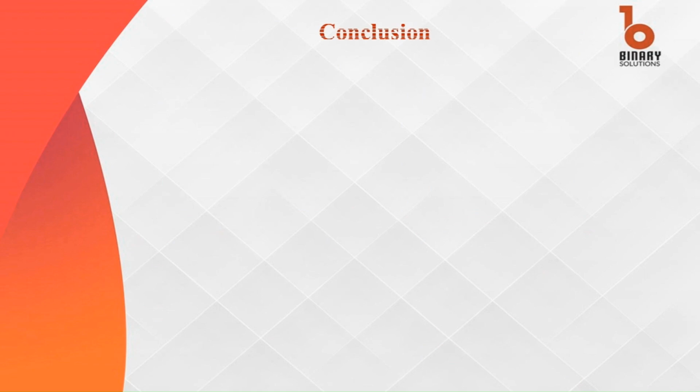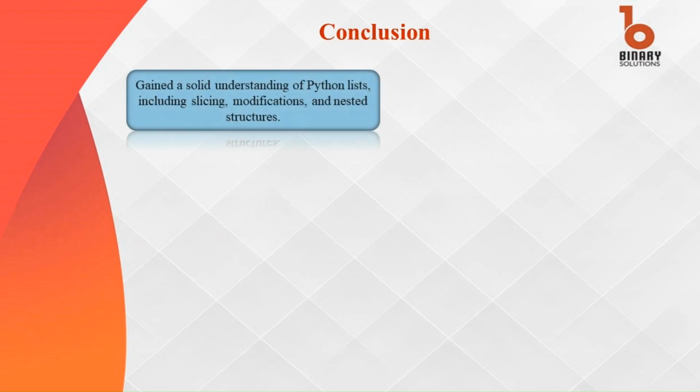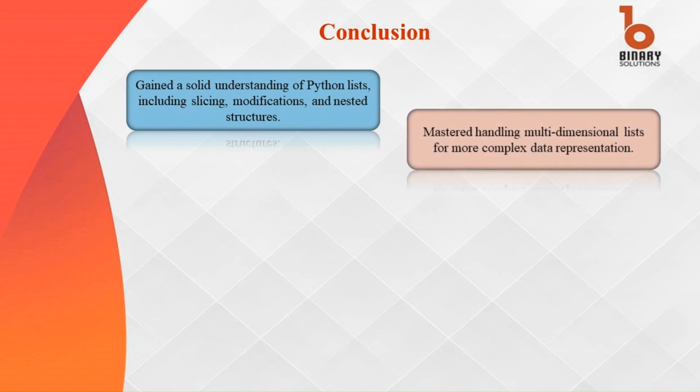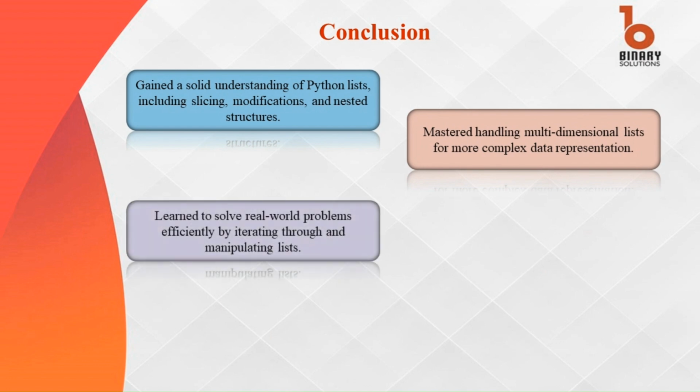In conclusion, we have successfully explored the fundamental concepts of Python lists, from understanding list slicing and modifications to mastering nested and multidimensional lists. You've gained a strong foundation in handling one of Python's most versatile data structures. These concepts are essential for solving real world problems, working with data, and building efficient programs.